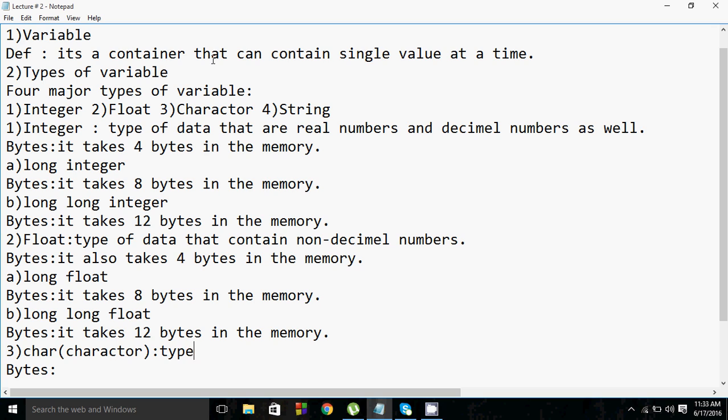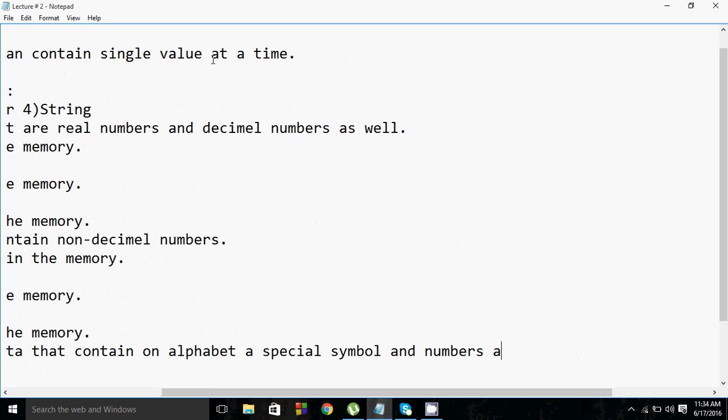It is a type of data that contains an alphabet, a special symbol, and numbers as well.